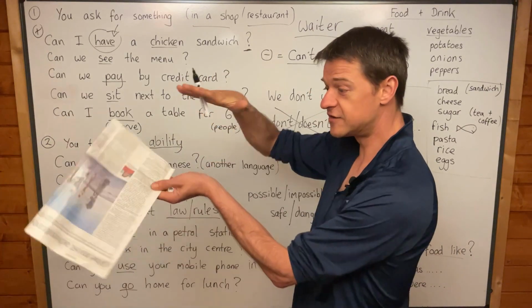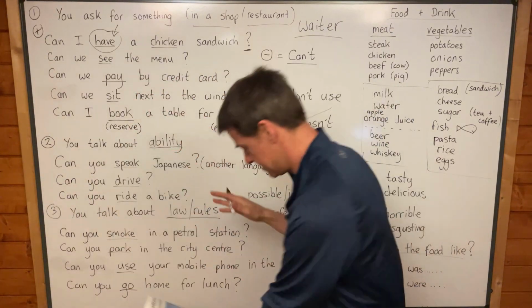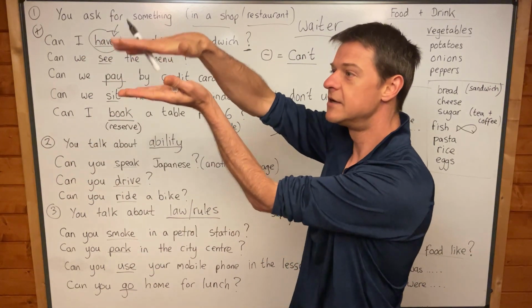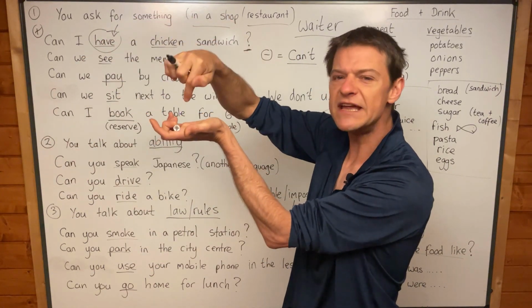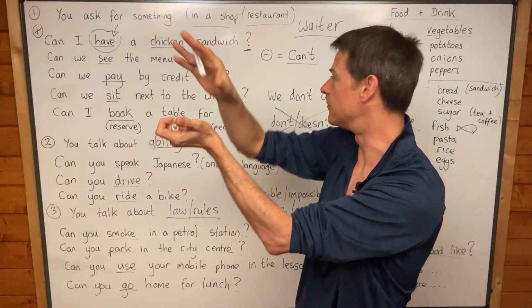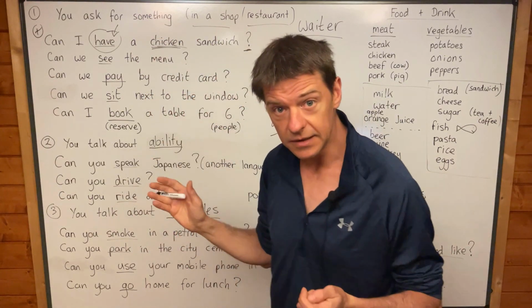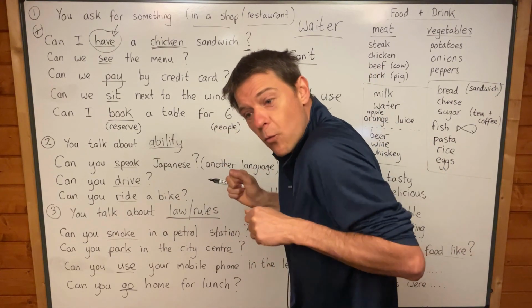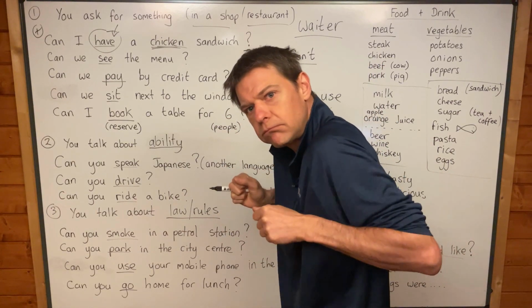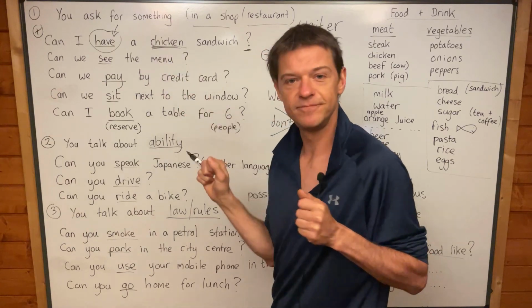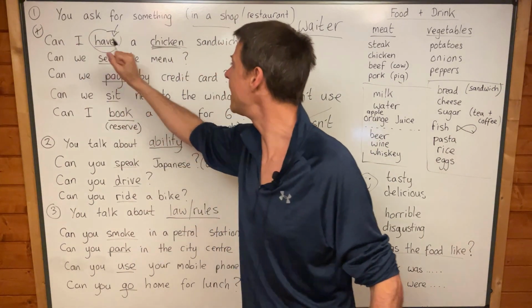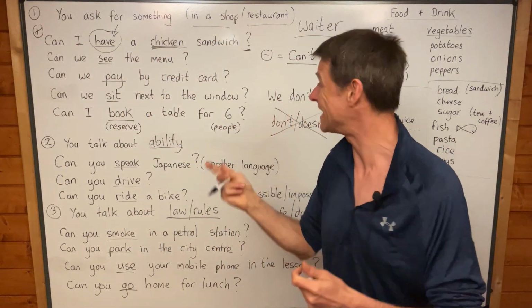Now, sandwich is 2 pieces of bread with meat or fish inside the sandwich. So chicken is an animal and it's the one with wings, which goes bup, bup, bup. That's chicken. So can I have a chicken sandwich, please?